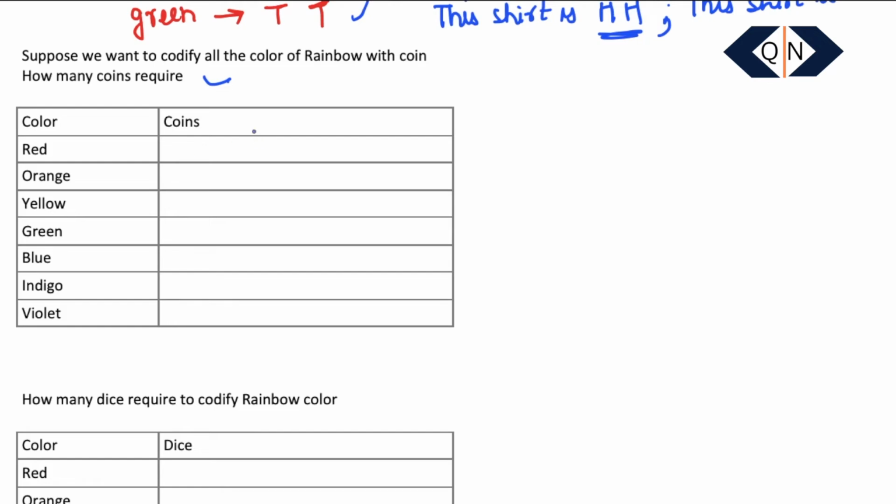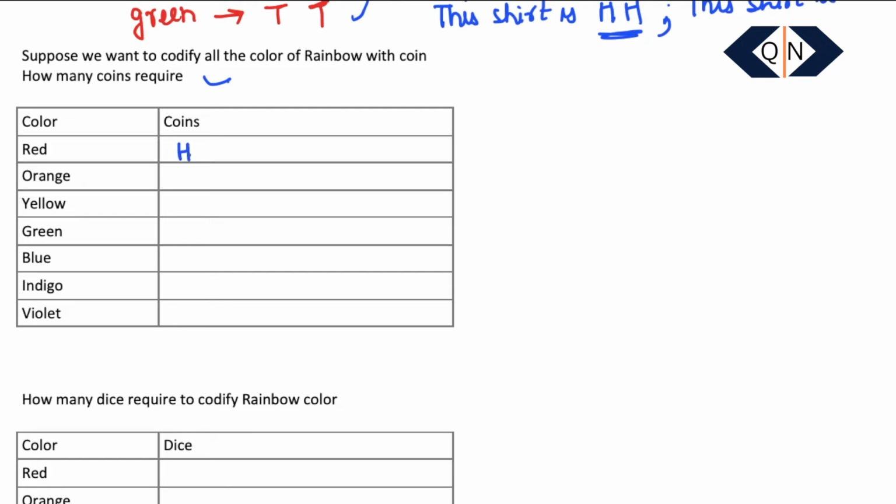We have already seen that we require one coin to codify two colors and two coins to codify four colors. Since there are more than four colors, we definitely need one extra coin.